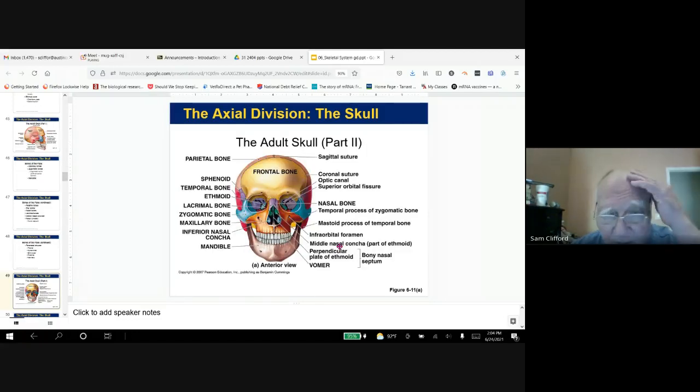Here's another view of the skull. You should know all of the bones of the face and the bones of the skull, and the sutures where the bones join together. There are two parietal bones, and where they join together is called the sagittal suture. Any place bones fuse is called a suture.